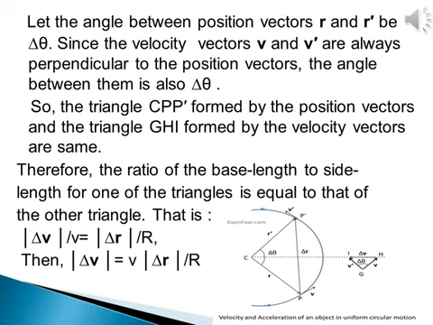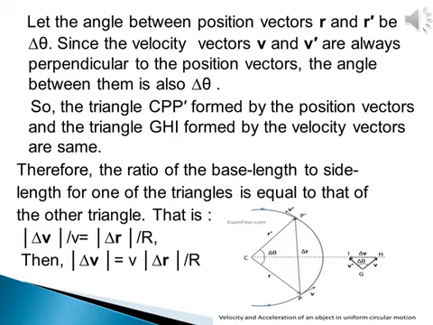This can be understood by comparing the two figures given below. So, the triangle CPP dash formed by the position vectors r, r dash and delta r, and the triangle GHI formed by the velocity vectors v, v dash and delta v are similar.